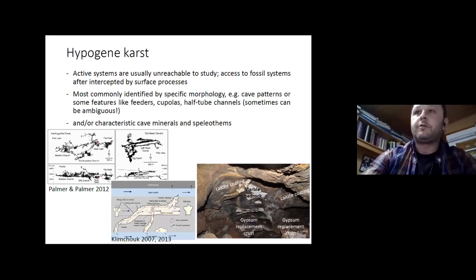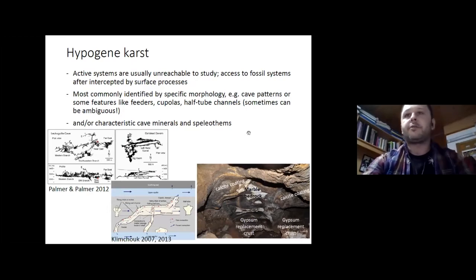So most of the time we are only able to study fossil systems which have already been intercepted by the surface. The approach to identify that they were formed by hypogene processes is by their specific morphology.